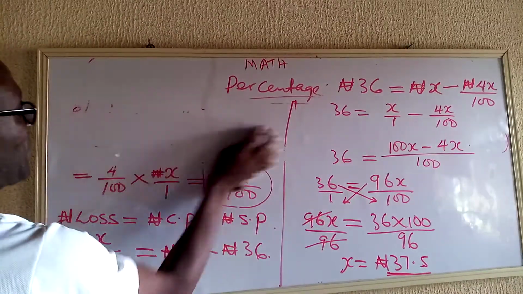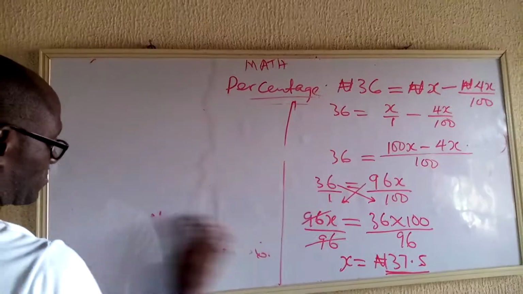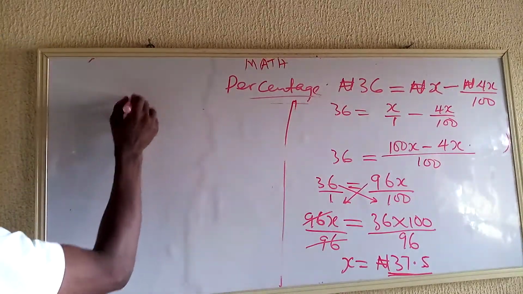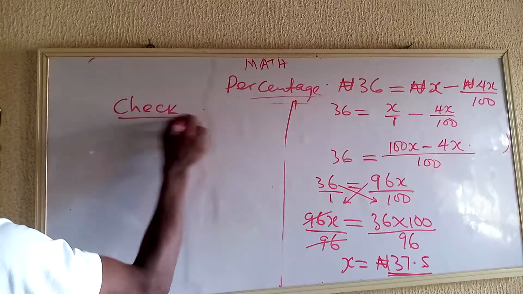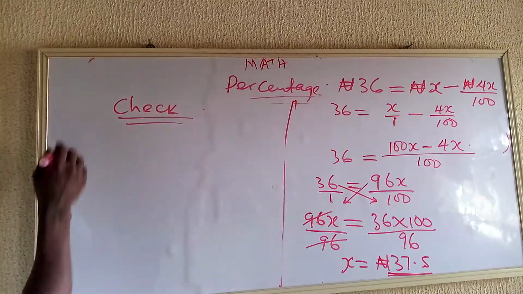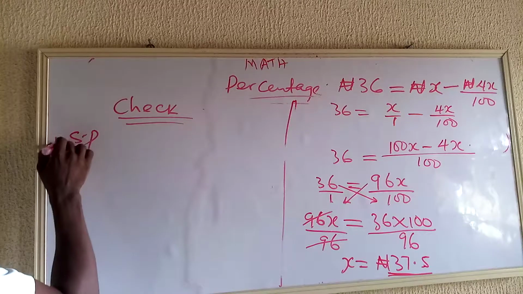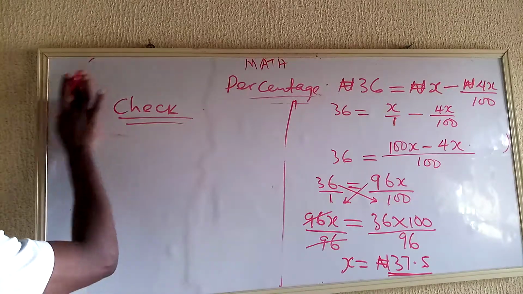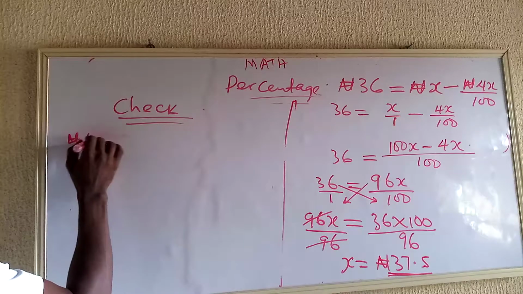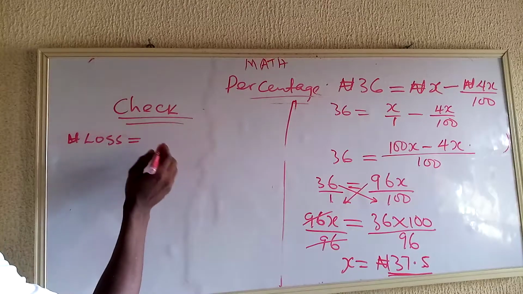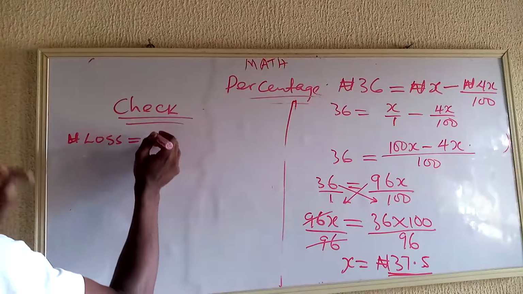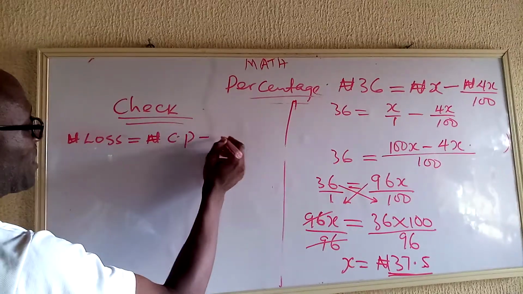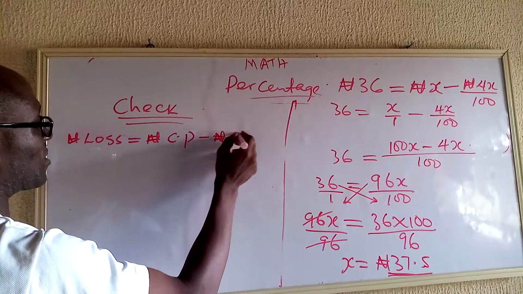Let's see how you can find out. Check, to know whether you are right or wrong. Don't forget that loss in naira equals cost price in the currency you are dealing with minus selling price in the currency you are dealing with.